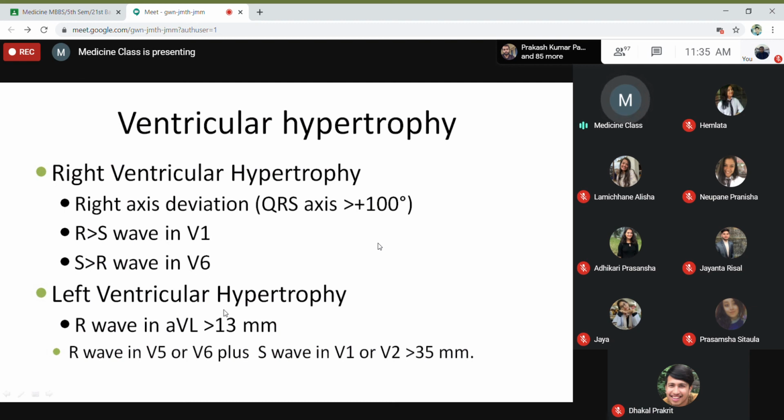In left ventricular hypertrophy, the R wave will be more than 13 millimeters in AVL, and if you add the S wave of V1 and V2 and the R wave of V5 and V6, it should be more than 35 millimeters. Generally, they will have left axis deviation in AVF.